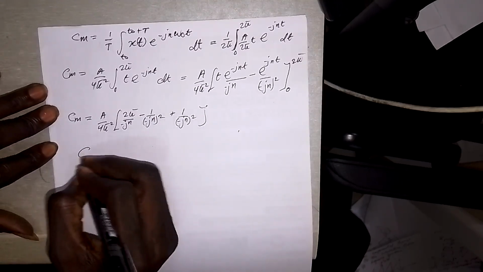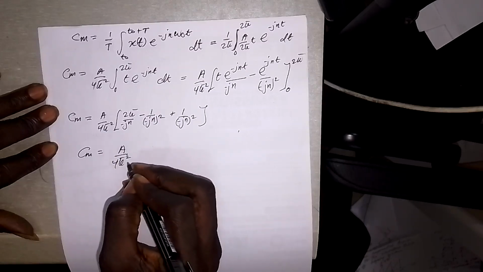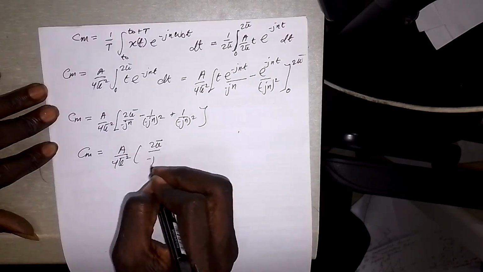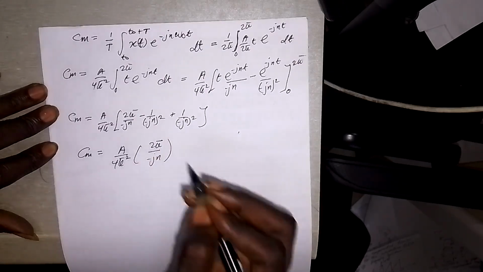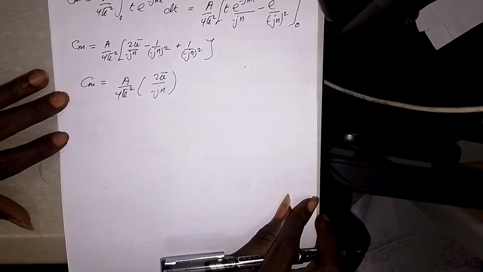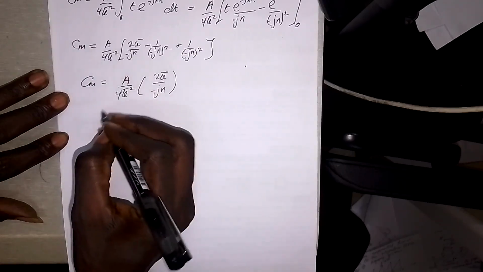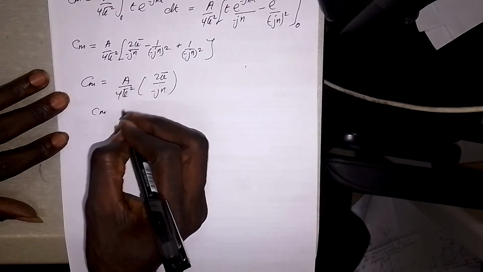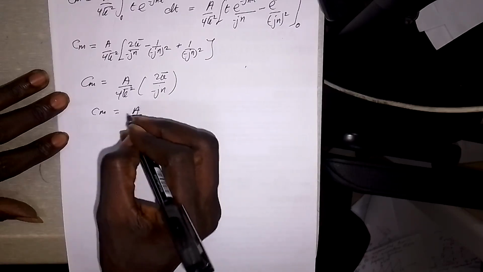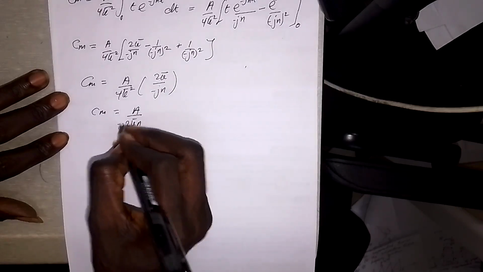If they cancel each other, then my cm is going to be left with a 4 pi squared into 2 pi over minus j what? N. So this one can cancel this one. So if it cancels that one, then cm is equals to a over 2 pi n, and then minus j.